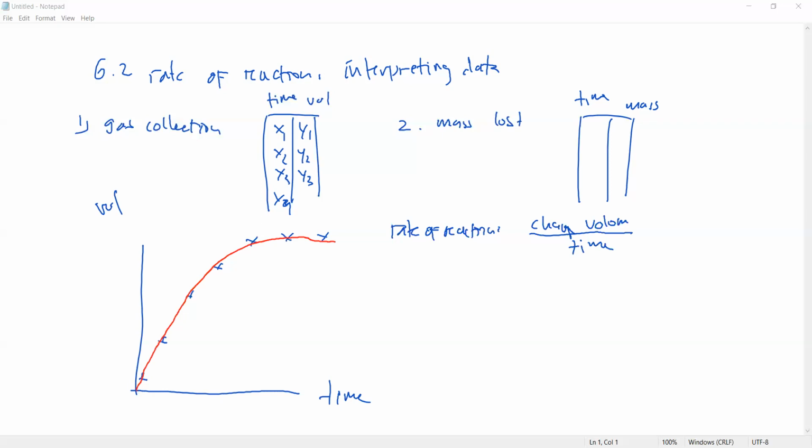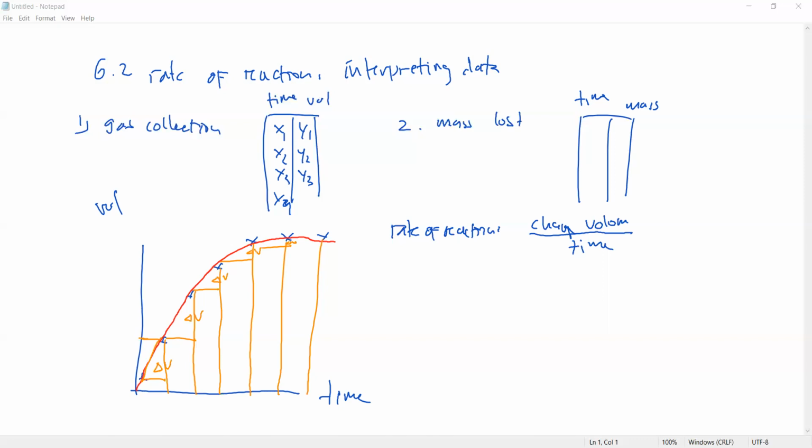So imagine we're going to cut this graph into several parts. The change of volume will be the difference between this part here and the other part. So this is the change of volume, and here's the change of volume.